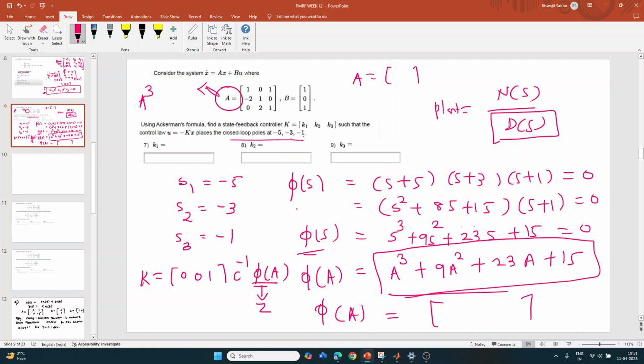You need to find out this phi C, which is nothing but B, A B and A square B. You have to find out this phi C and take the inverse of that, multiply with this and multiply with 0 0 1. You'll get the answer.